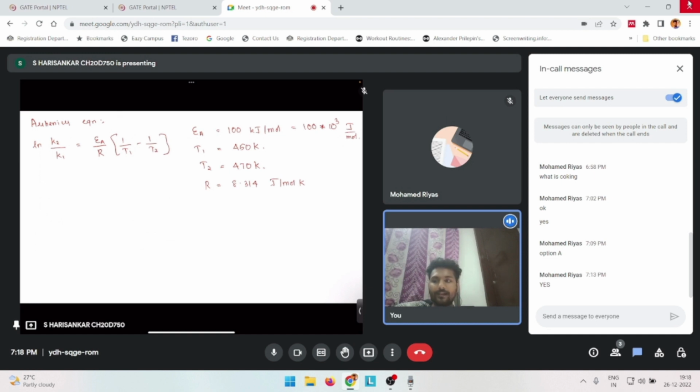So just substituting these values in the Arrhenius equation, we can get ln k2 by k1 is equal to EA, that is 100 into 10 raised to 3 by R, 8.314, into 1 by T1 minus 1 by T2, that is 1 by 450 Kelvin minus 1 by 470 Kelvin.